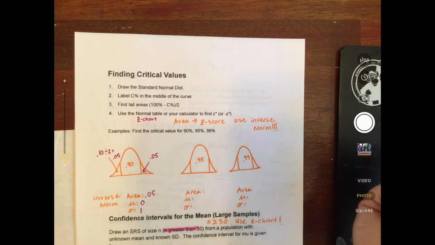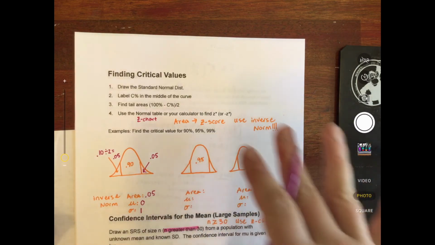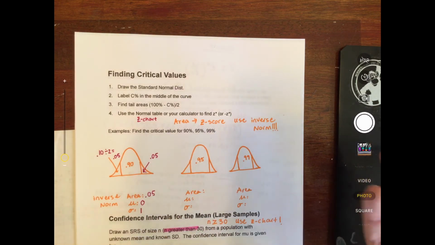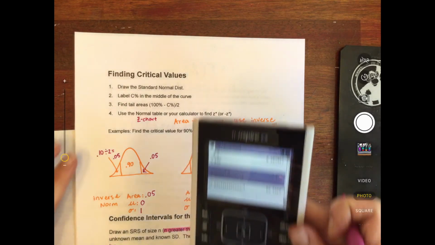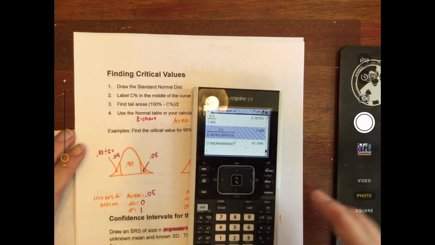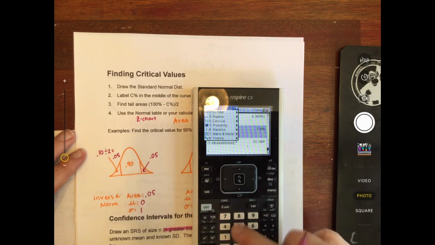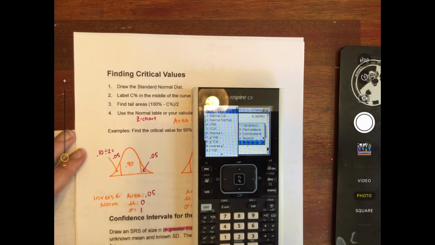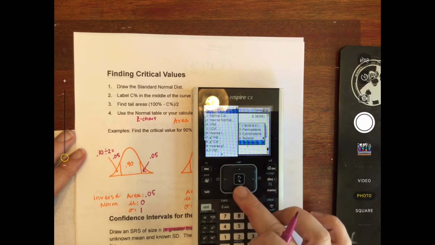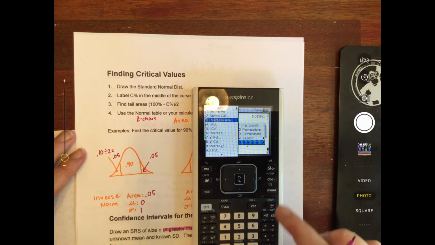If you were using your chart, you would look in the middle of your chart for the closest to 0.05 and find the corresponding z value. I'm going to use the calculator here. To get to inverse norm, again, we go to menu, probability, distributions, and then inverse norm here.